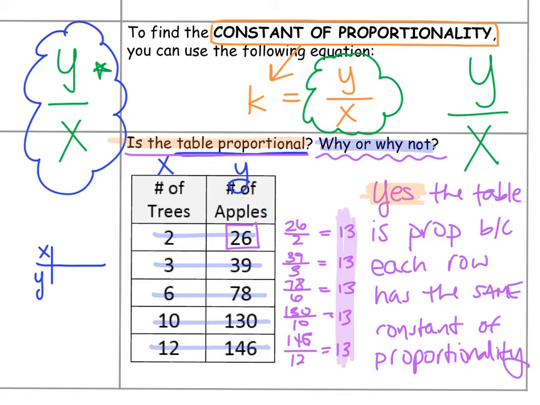I said why. Each row has the same. And then we want to make sure we're using the right vocabulary. My vocabulary in this case was that constant of proportionality. So this sentence here thoroughly answers the question. We'll be looking for that on your assignments and assessments in this unit.